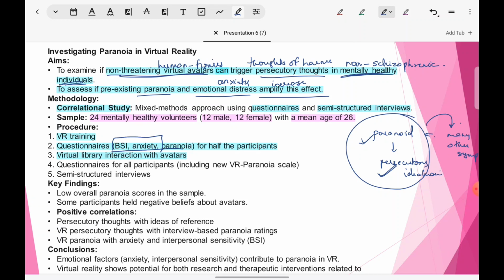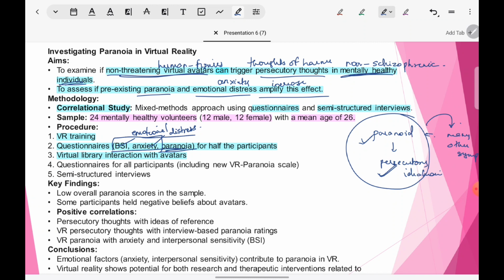That is not going to happen. So BSI was one questionnaire and anxiety was another. Both measure emotional distress. And a paranoia scale was there, which measures paranoia. Why they are measuring these things, we saw in the aim of the study. So they were just trying to find out which participants were high on emotional distress and paranoia.